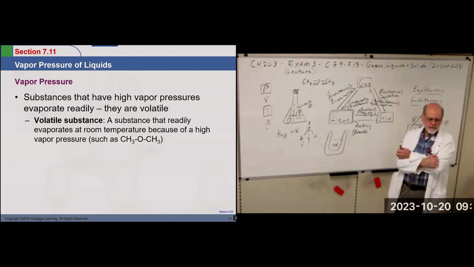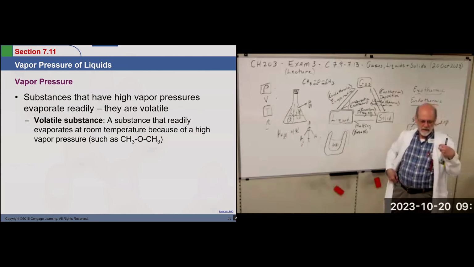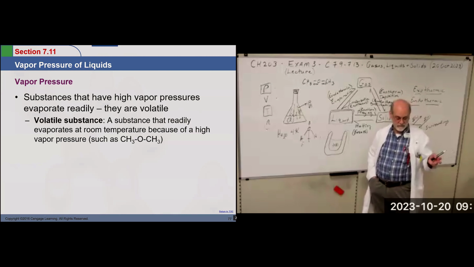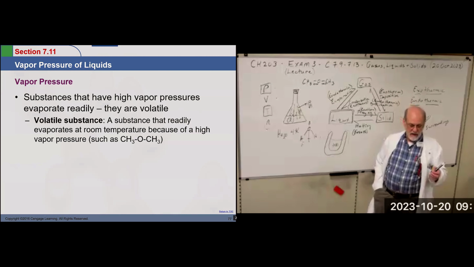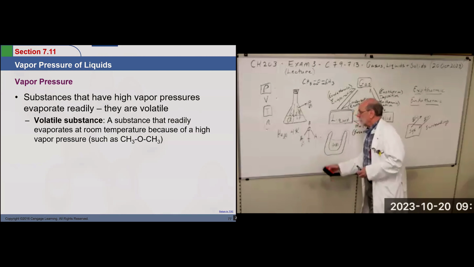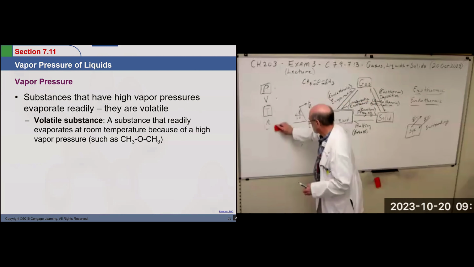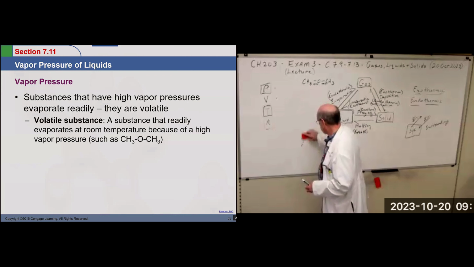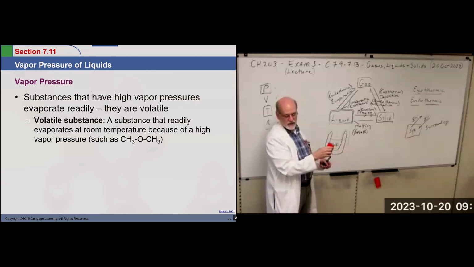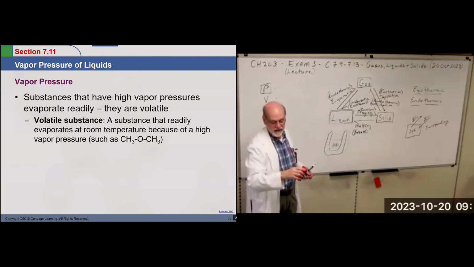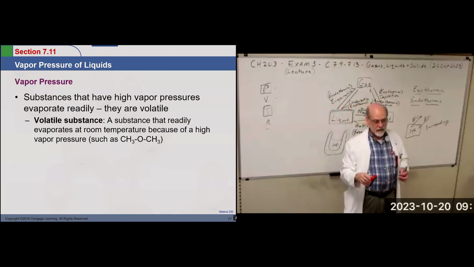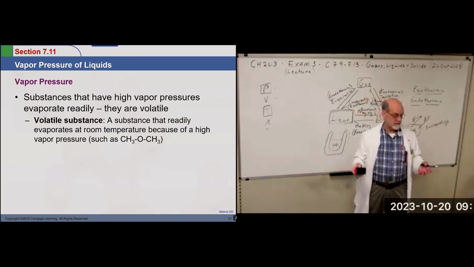We often refer to those substances that have a relatively high vapor pressure at, say, room temperature as volatile substances. OSHA, the Occupational Safety and Health Administration, and the EPA have standards for various commercial products.